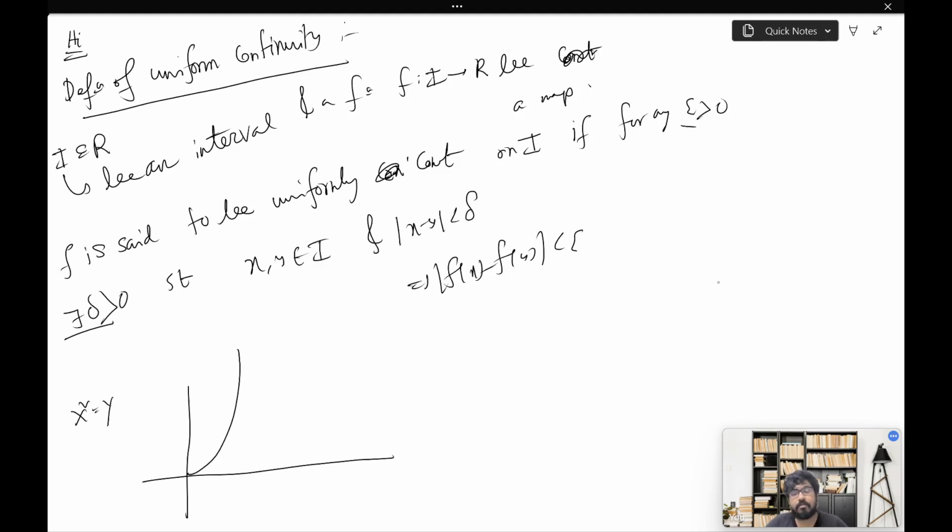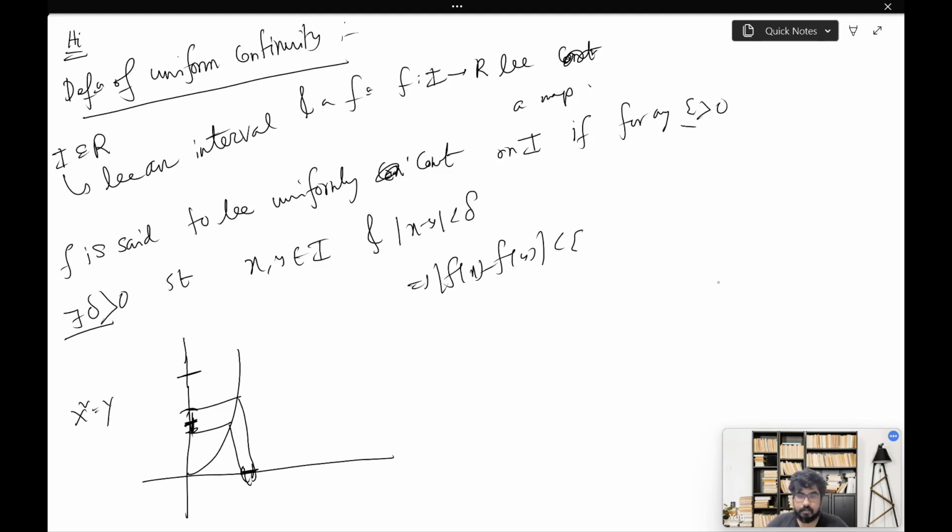Now consider this curve y equal to x square. Consider two points, and consider two small intervals. Now consider these lines. This means if any point lies in this region, then its image will lie in this region.